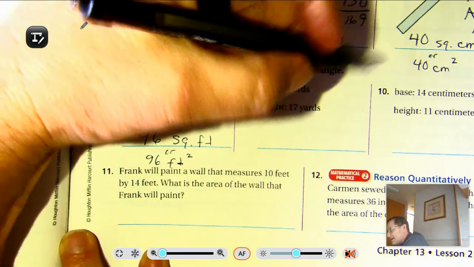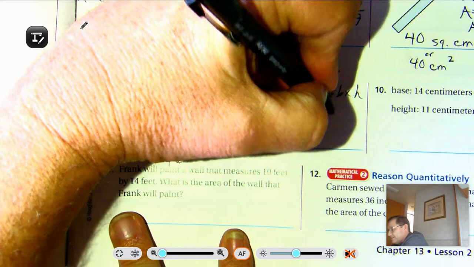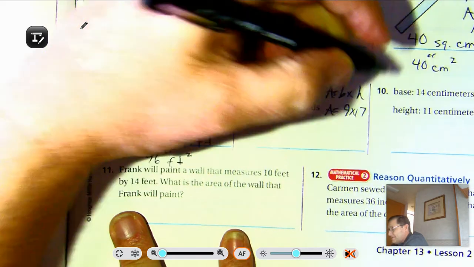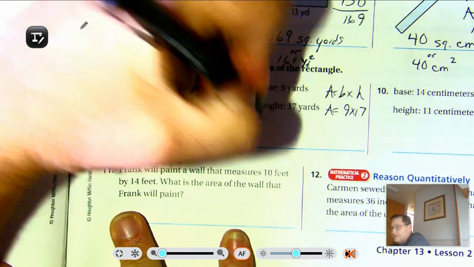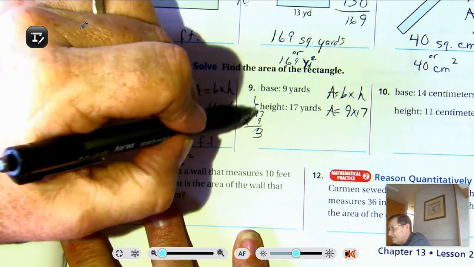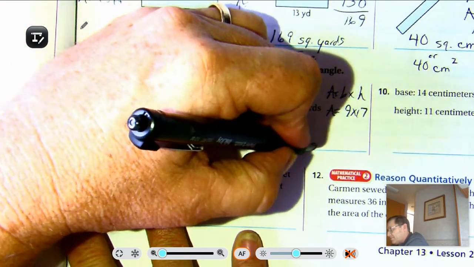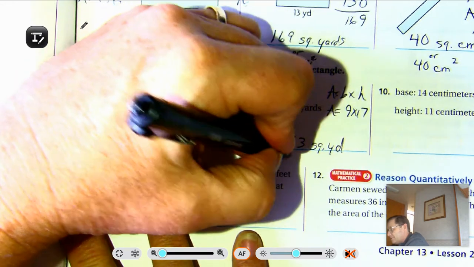All right, a base of 9 and a height of 17. Area equals base times height. Area equals 9 times 17. 17 times 9. 9 times 7 is 63. 9 times 1 is 9, plus the 6 we regrouped tens, 15. 153 square yards.